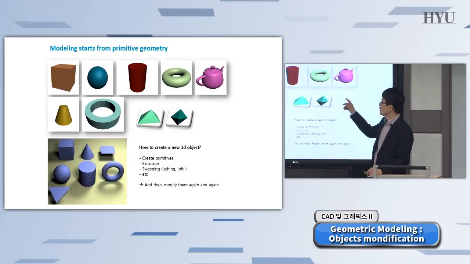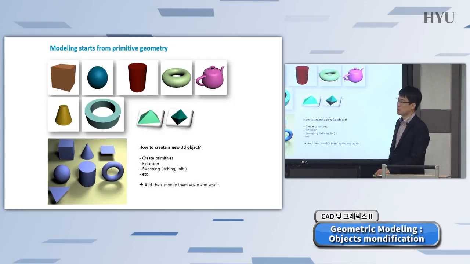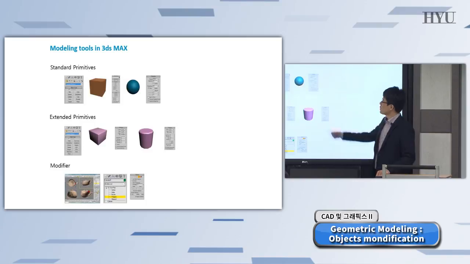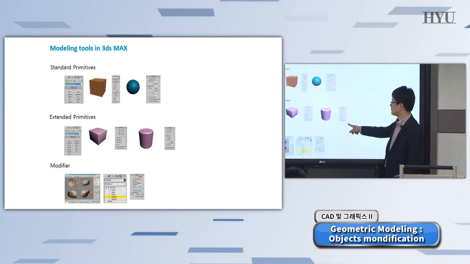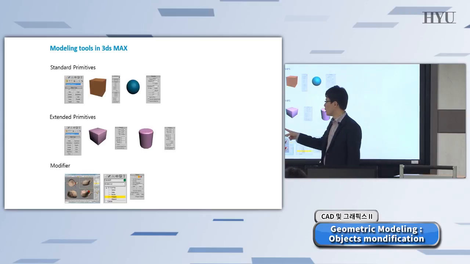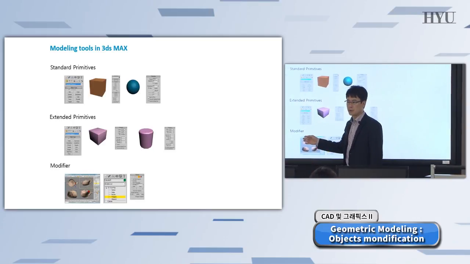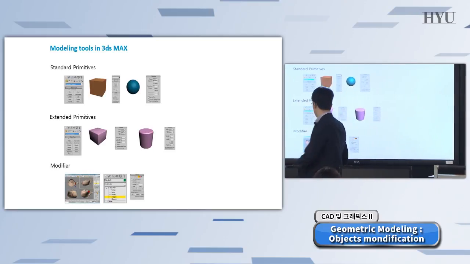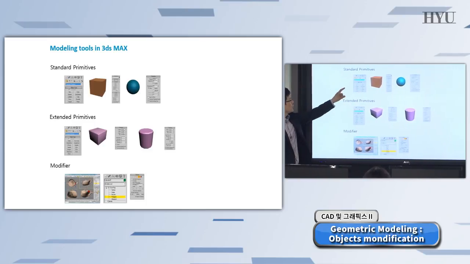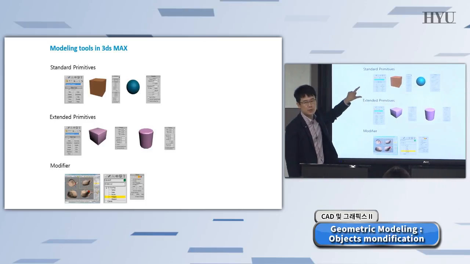So there is an amount of 3D primitive geometry you can easily create in that kind of 3D object. Standard primitives, extended primitives, including torus knot, and a lot of modifiers defined in 3D Max. So creating primitives, we already have looked at this one.